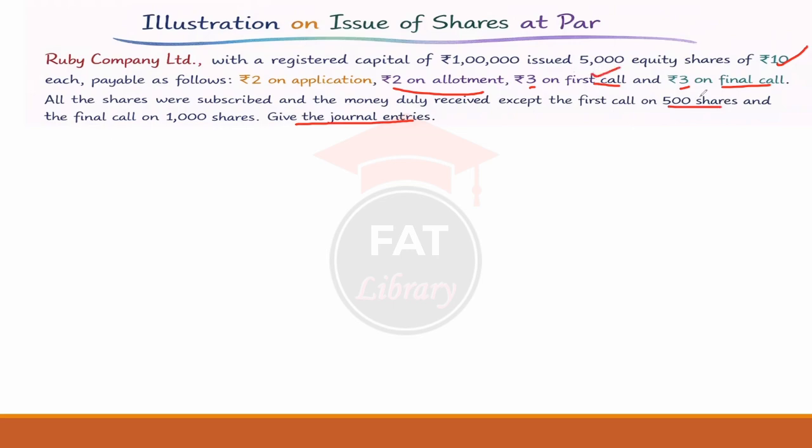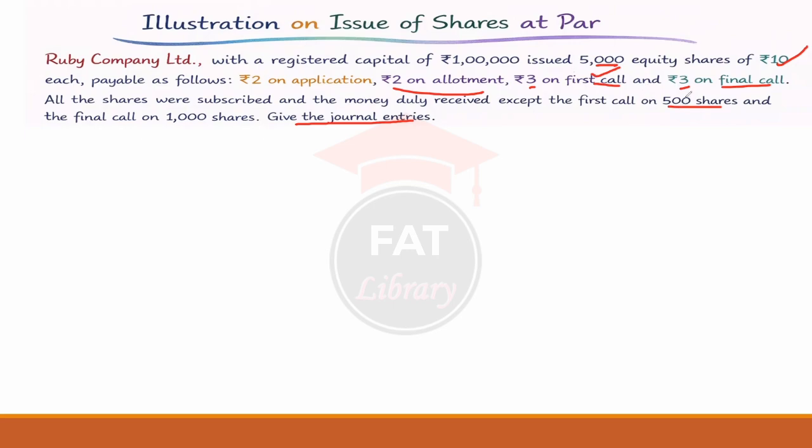During the first call, for 500 shares they are not receiving the amount. Totally they have to receive for all 5,000 shares, but when they call 3 rupees, only 4,500 shares pay, and for another 500 shares they do not receive the amount.